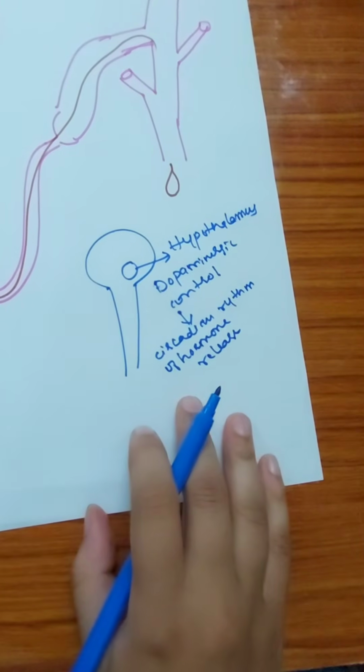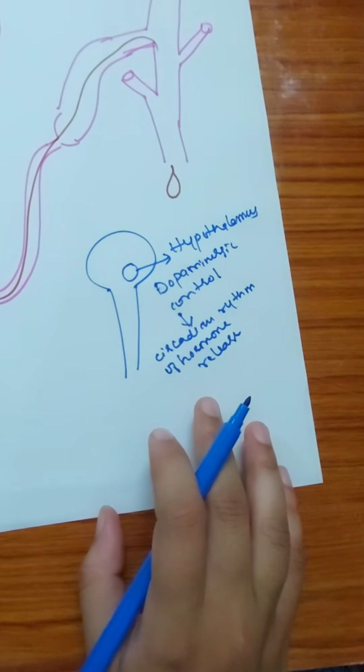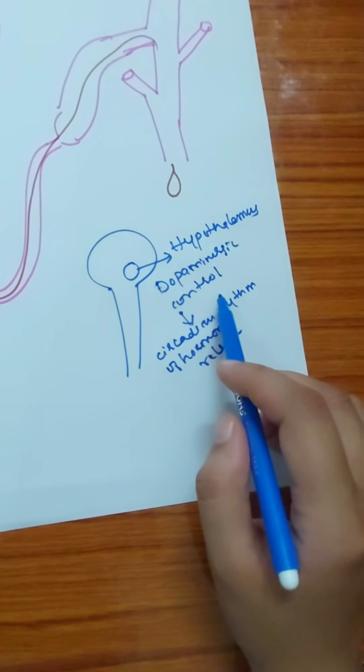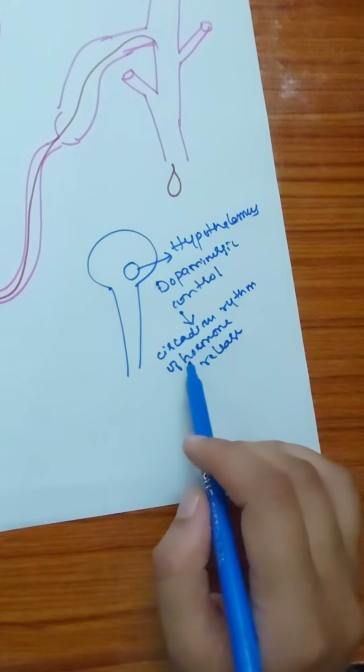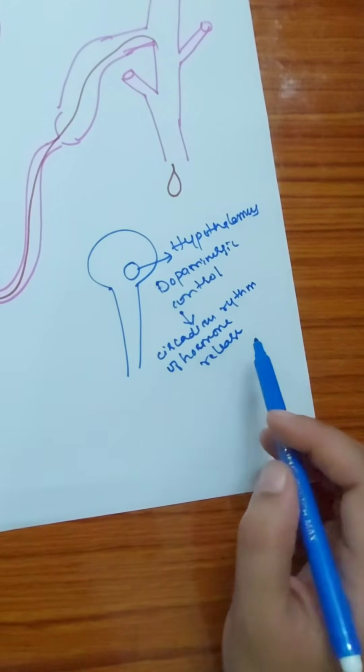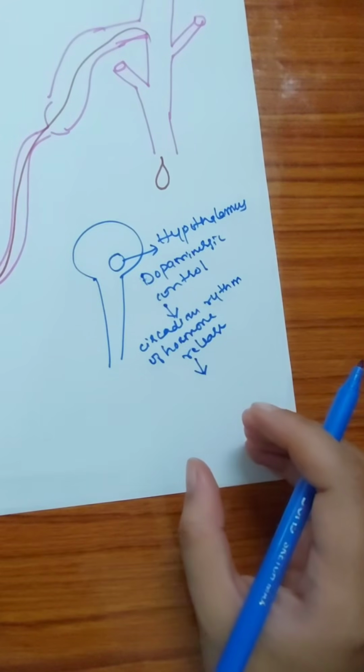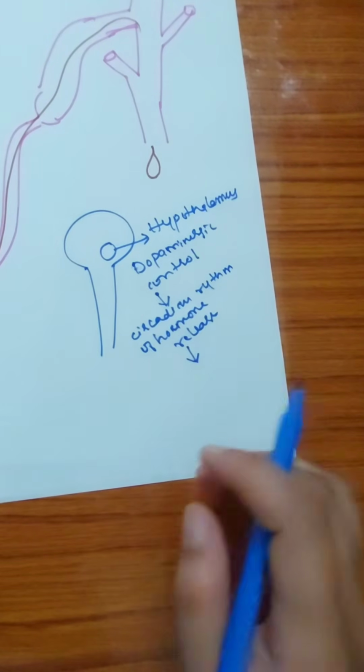Okay, so whenever we are consuming bromocriptine early in the morning, it will mainly act on the hypothalamic dopaminergic control, and it will control the circadian rhythm of the hormone release, and as a result of this, what will happen, it will reset it to reduce the insulin resistance.